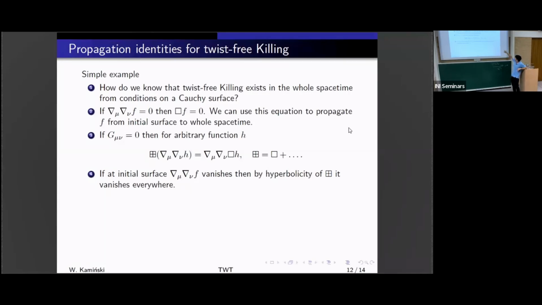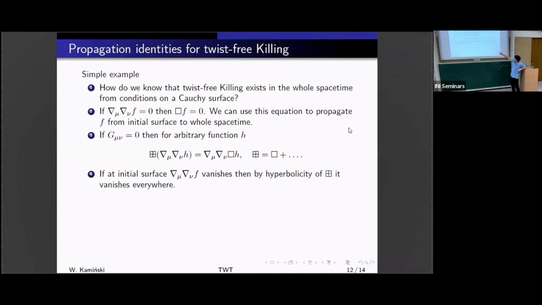So we can use this wave equation to propagate it to the whole spacetime, and this would be the candidate for the extended f. Only we need to show that indeed this f satisfies this Killing equation. So how to do that?